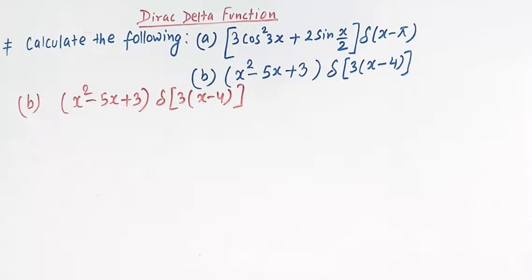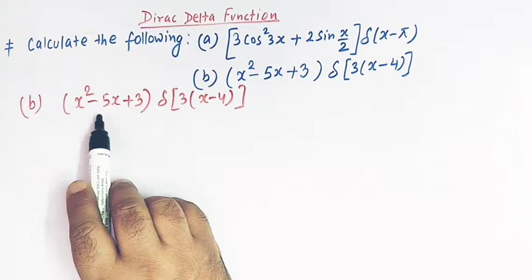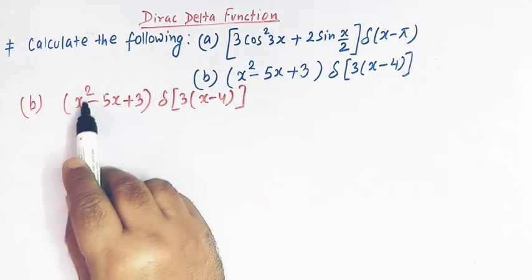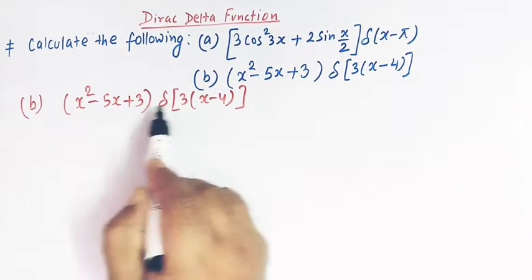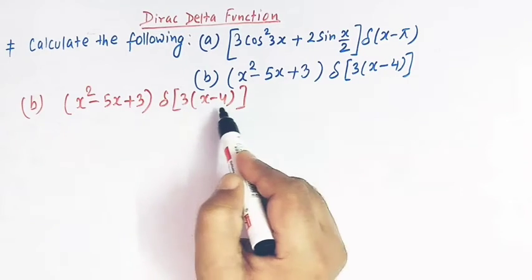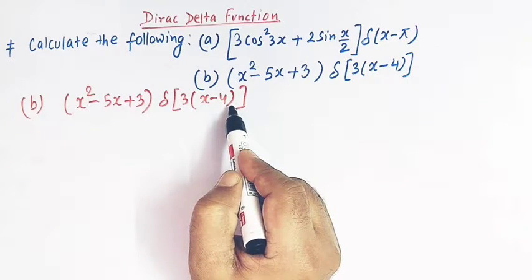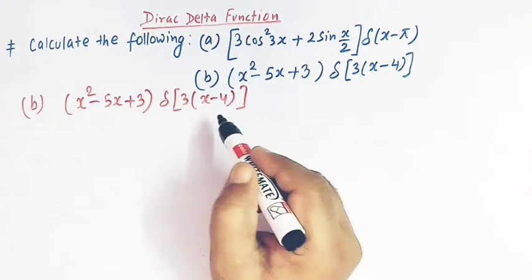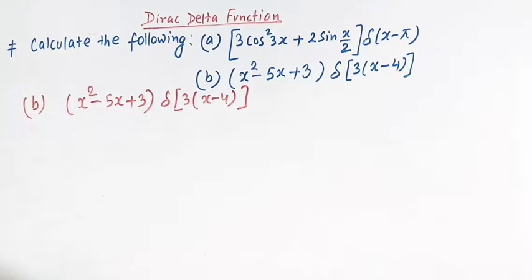Now let us take the second problem, right? So here we have x square minus 5x plus 3 and delta of 3 times x minus 4. So here we will apply two important relations from the Dirac delta function, right?